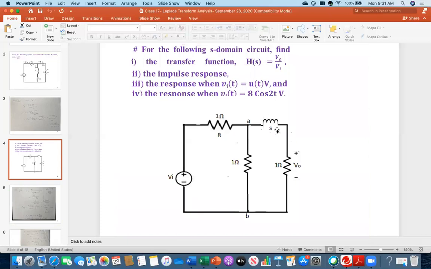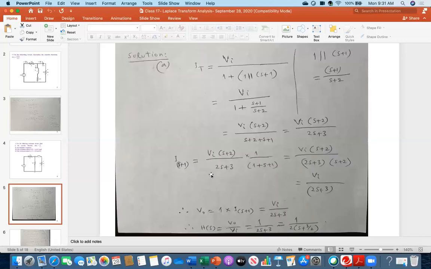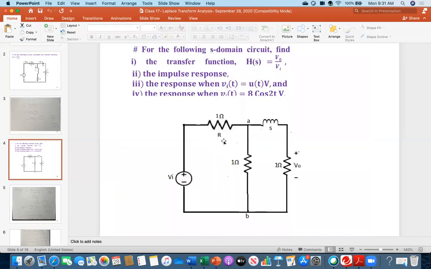Then as I said, because V naught is here, you have to find out this current. This means total current IT multiplied by this one, divided by this plus this plus this. That will be your current according to the current divider rule. So everybody look, exactly I am doing that. I wrote the current through the S plus 1 branch this way for your easy understanding.